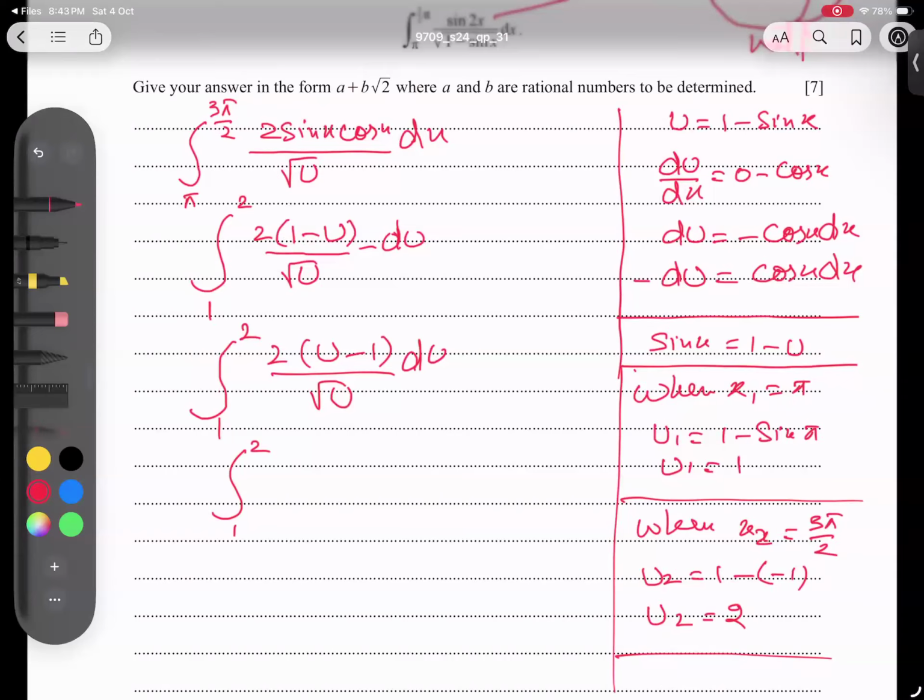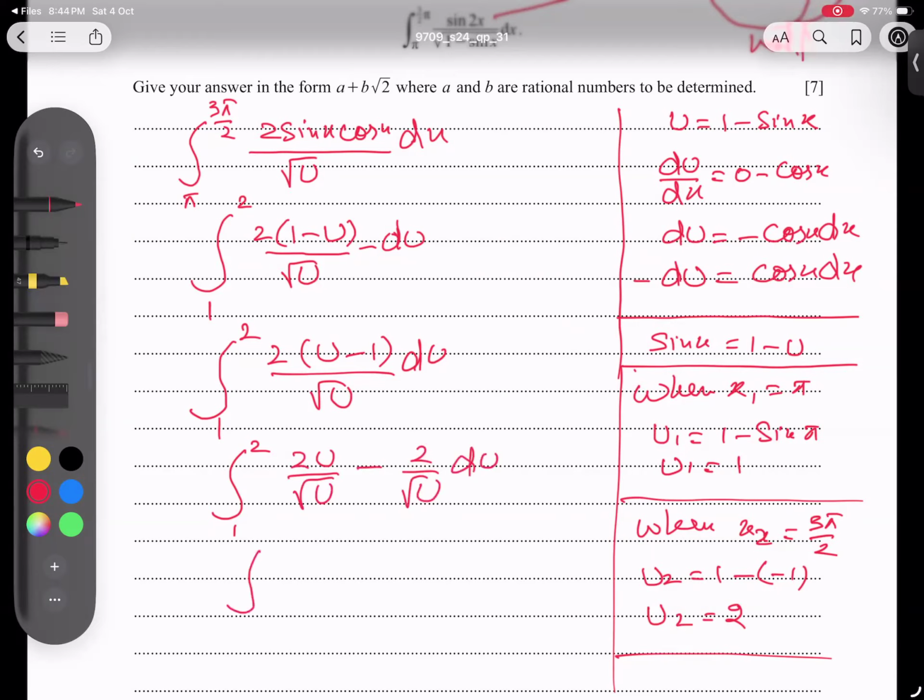Splitting according to the algebraic rule, (a plus b) by c, we can split like this. This is allowed in plus or in minus, so both are allowed. I'm going to do this one here. So 2 multiplied inside, I got 2u over root u and 2 over root u du.